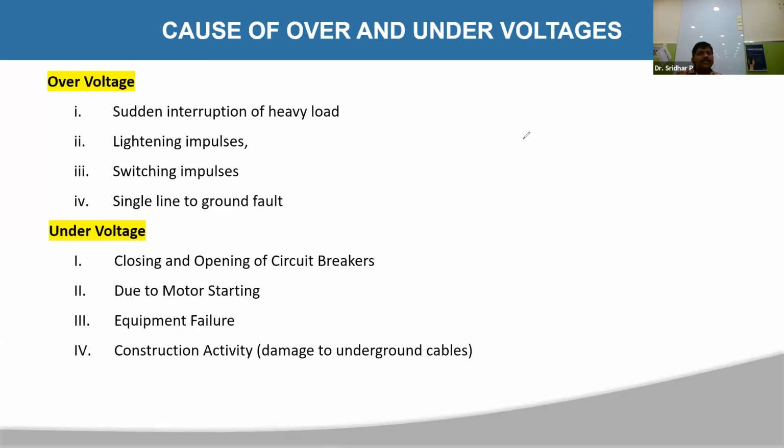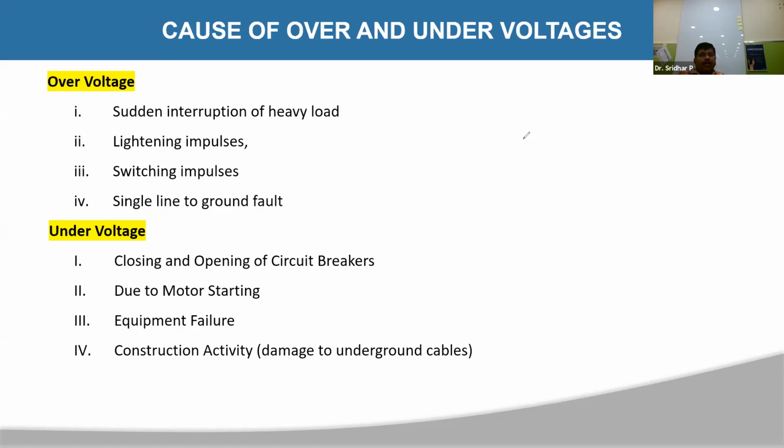So with the help of this, we can say that closing and opening of circuit breakers, motor starting and stopping, and equipment failure cause under voltages. And the next one is construction activity. In India, the majority of transmission conductors are overhead only.